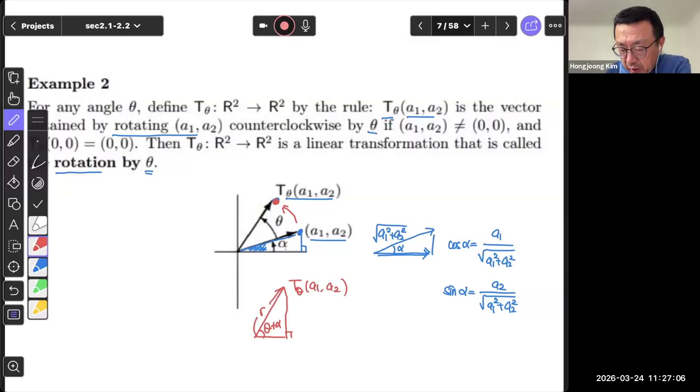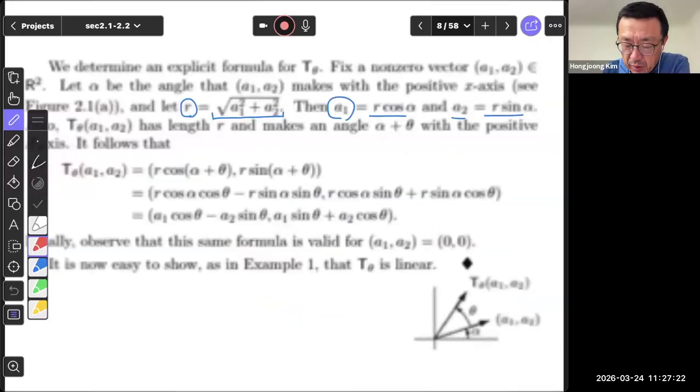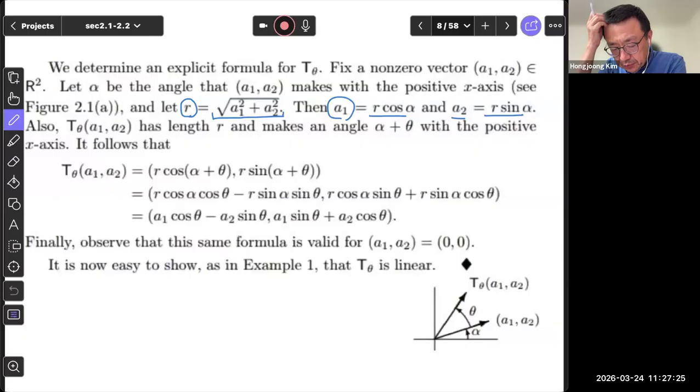So the x-coordinate of the image will be r times cosine theta plus alpha, and the y-coordinate, the length of the opposite, will be r times sine theta plus alpha.